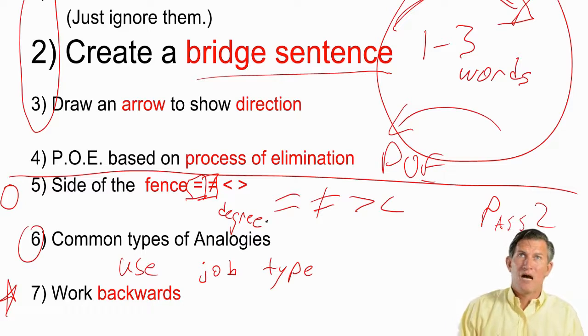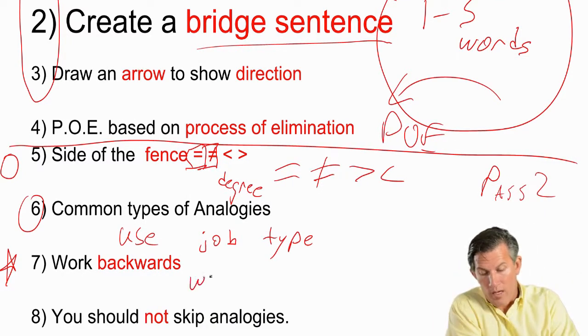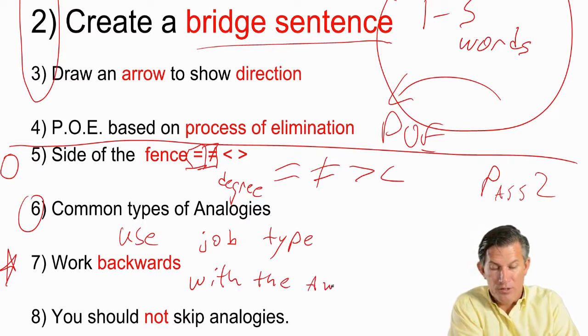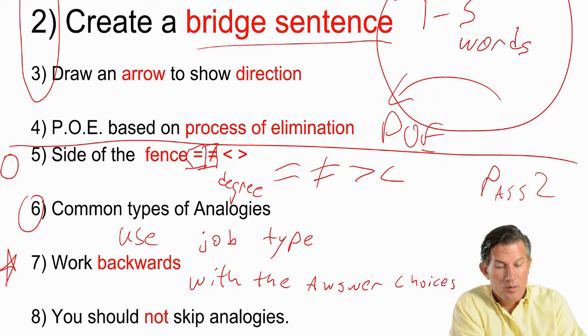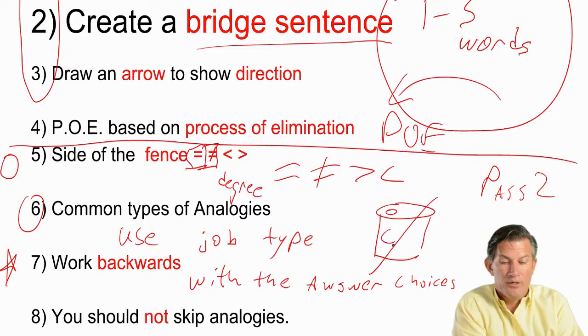Those are some common ones, okay? You're going to work backwards with the answer choices. What I want you to do is draw a can. I'm a very good artist, so, and then what are you going to do? Crush the can, okay?